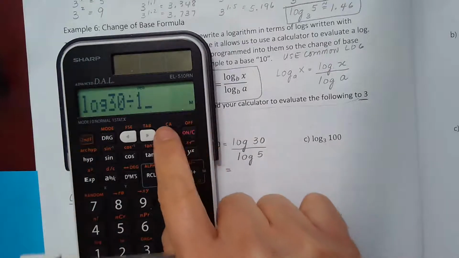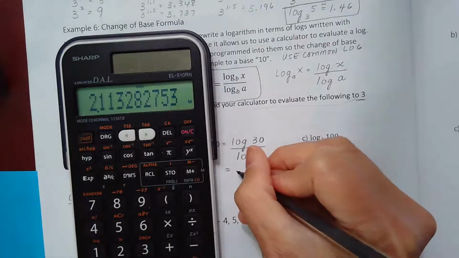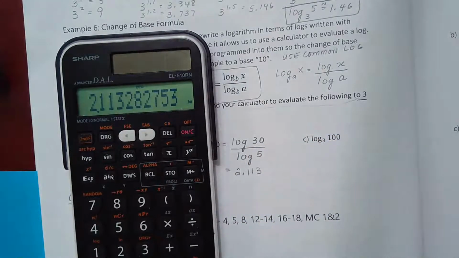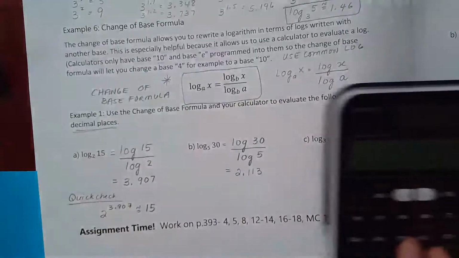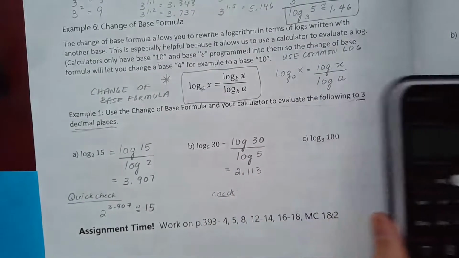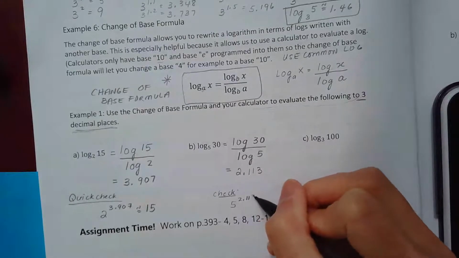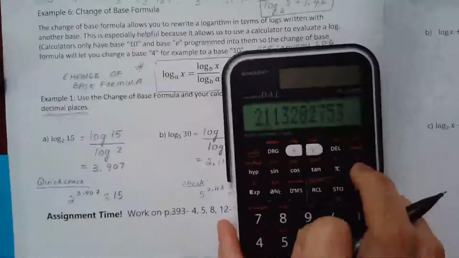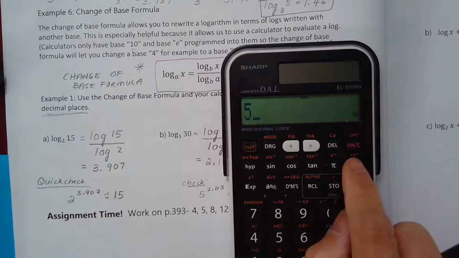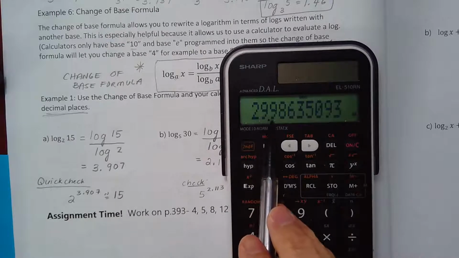Log 5. And then the answer is approximately 2.113. Let's just double check if our answer makes sense. 5 to the exponent 2.113 is 29.986.